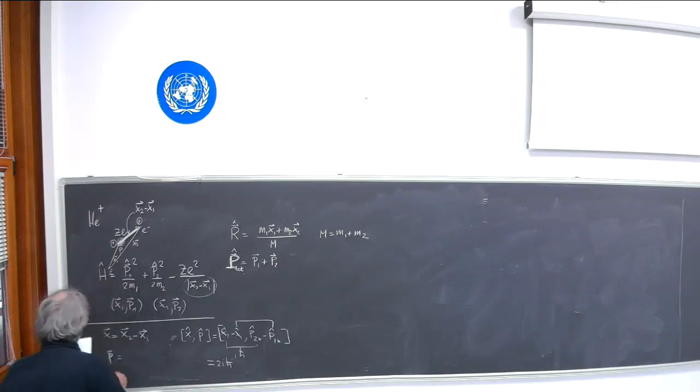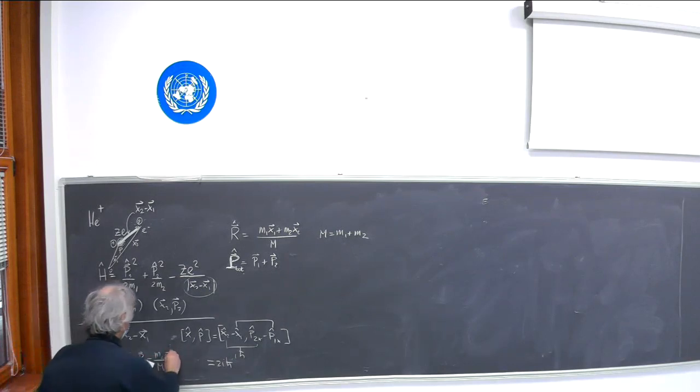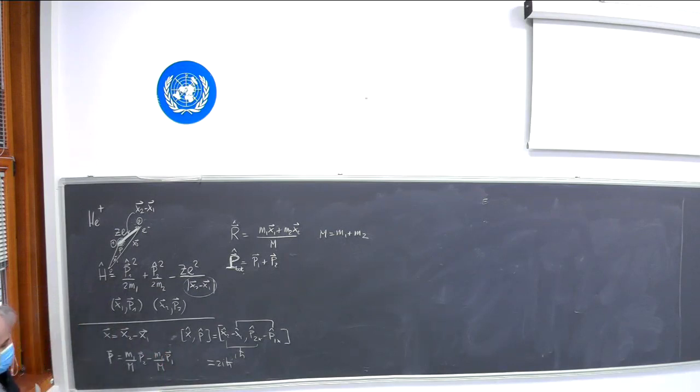You can verify that small p, the correct small p, is M1 over M times P2 minus M2 over M times P1.